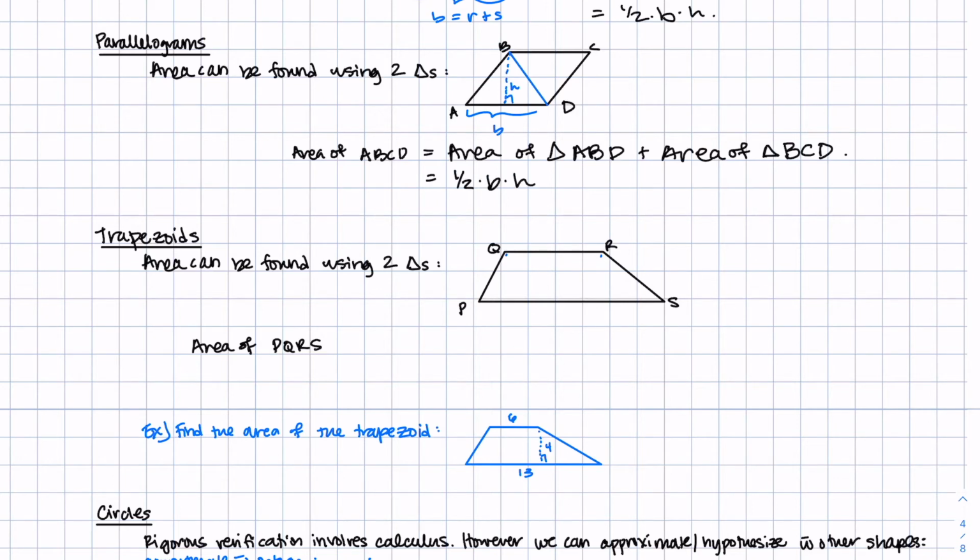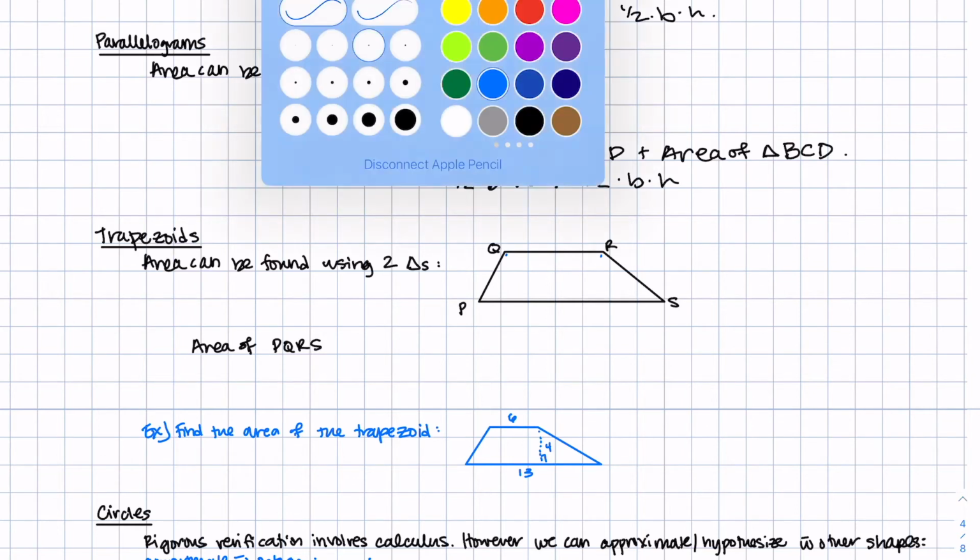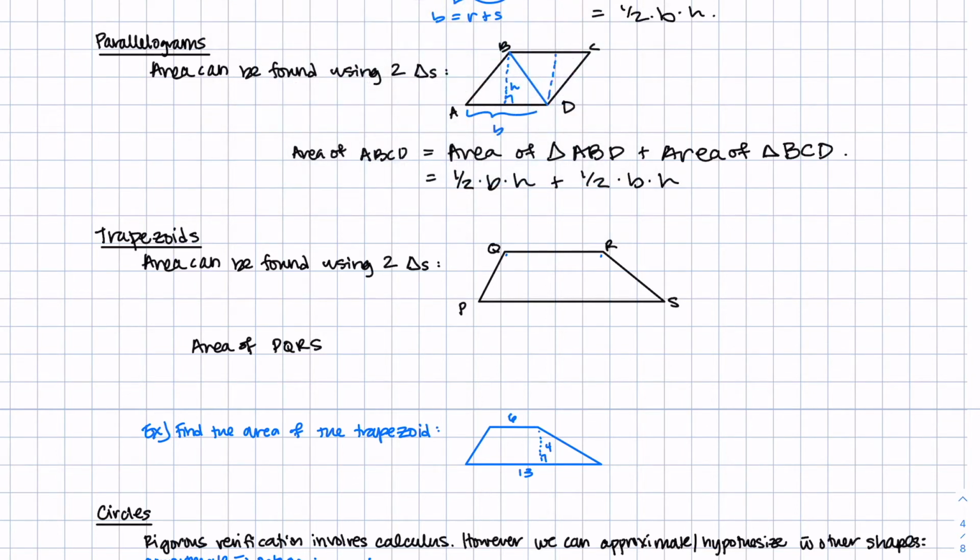And then what we notice is that this triangle ABD is actually the same size as this triangle BDC. And so the area of the triangle BDC, or BCD, is also going to be 1/2 base times height. We can kind of see that if we wanted to.